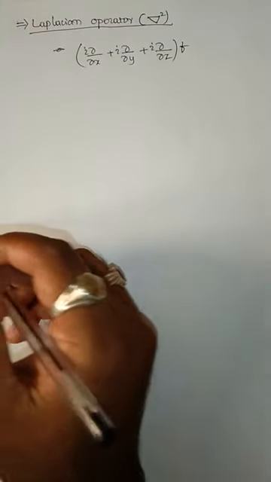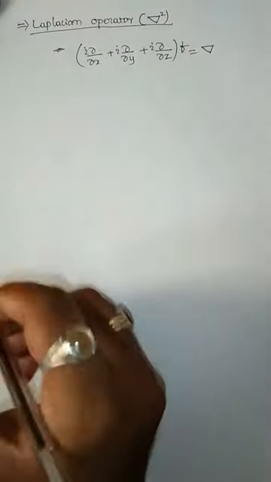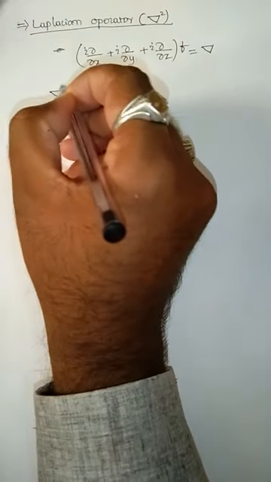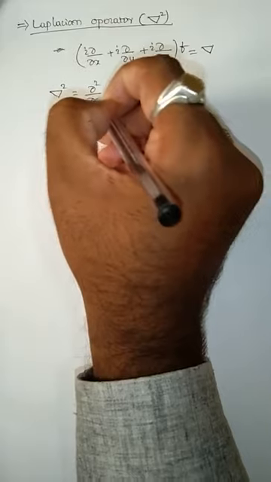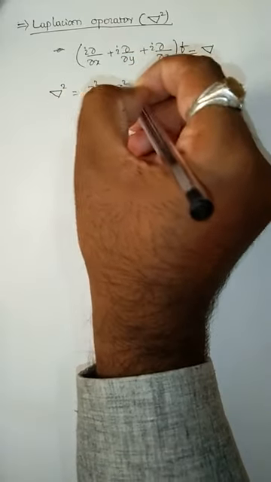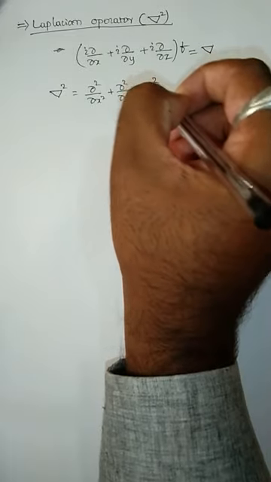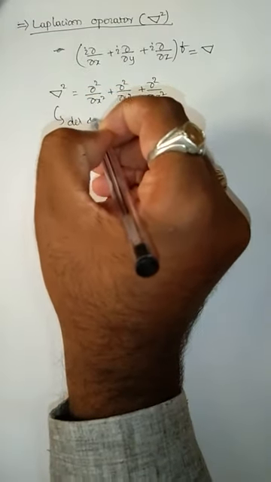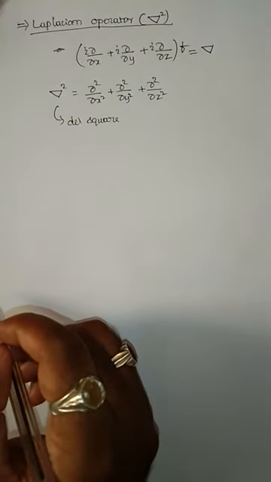So this will simply be equal to del. Right. So when you take the square of this del, del square will give us dou square by dou x square plus dou square by dou y square plus dou square by dou z square. This del square is actually called the Laplacian operator.